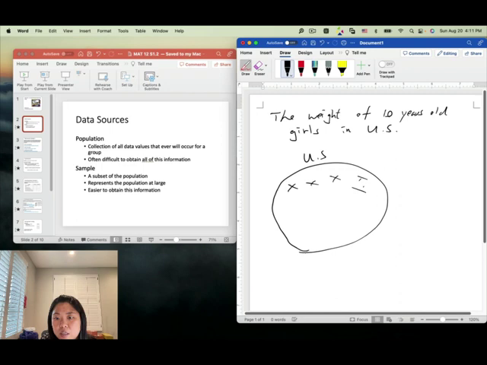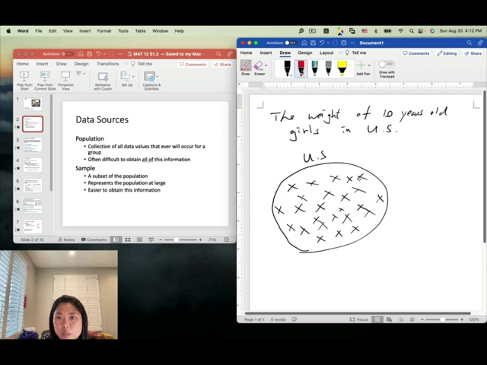We do have a lot. And if we want to collect all the weight of the 10 years old girls in the United States, is it possible? Not really, right? We do have a lot.